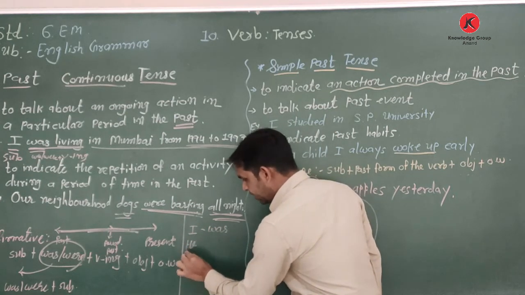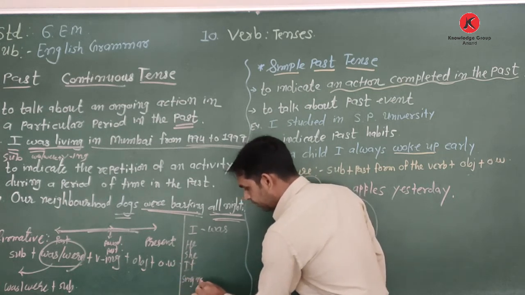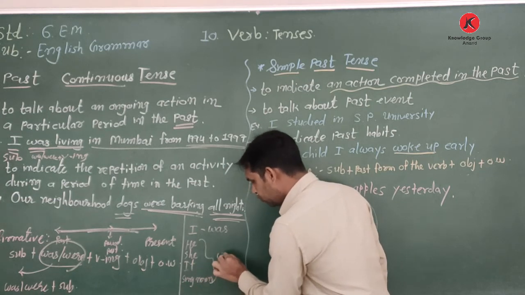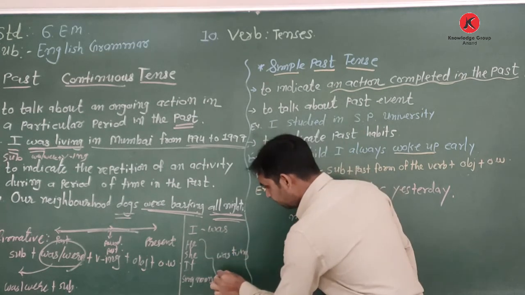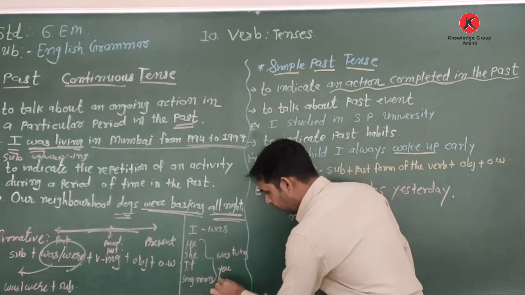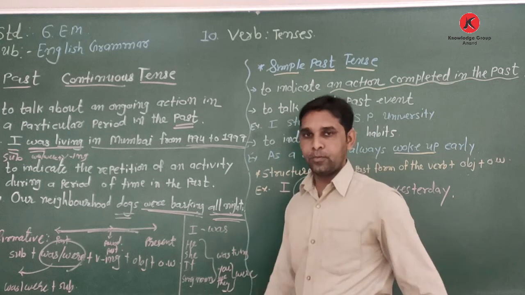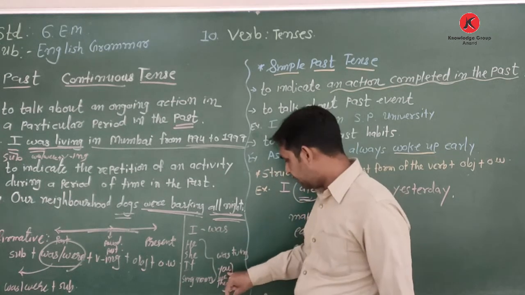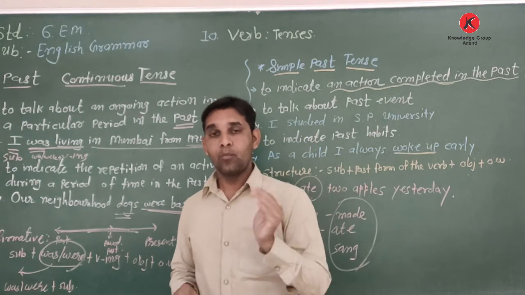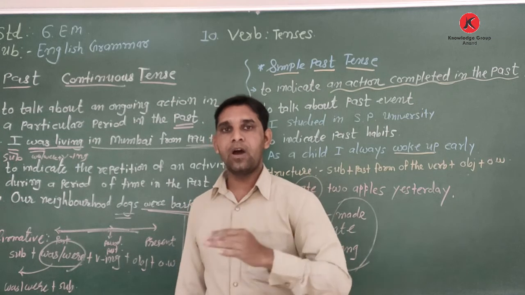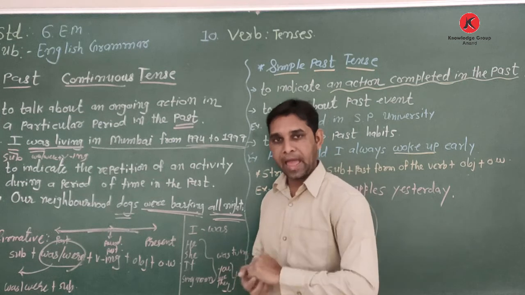Then you write the third person singular or a singular noun, which you use with was plus verb ing. Okay, if you use you, we and they with the to be form verb, or the plural noun, children, students, boys. Boys were talking, girls were reading. Okay, you use this to be form verb with ing.